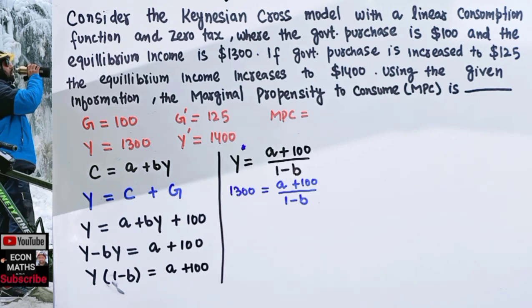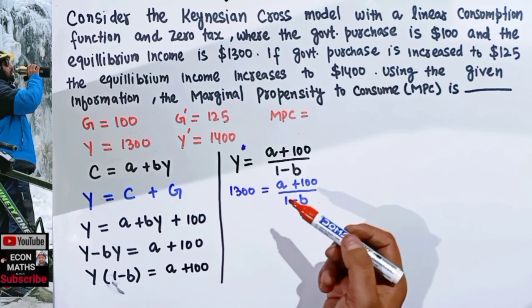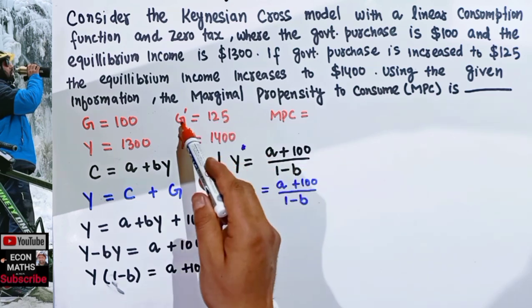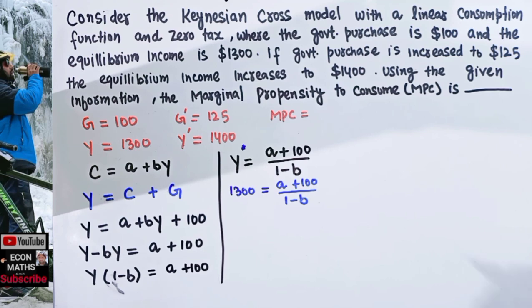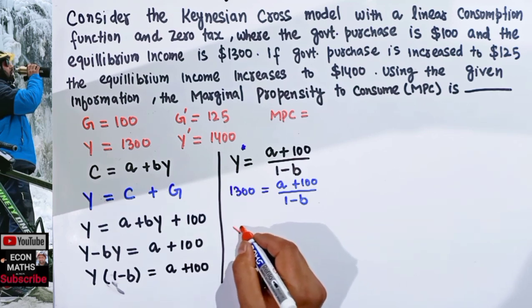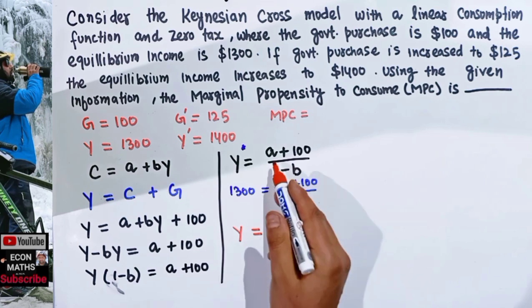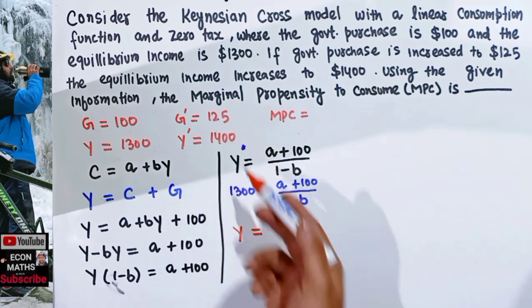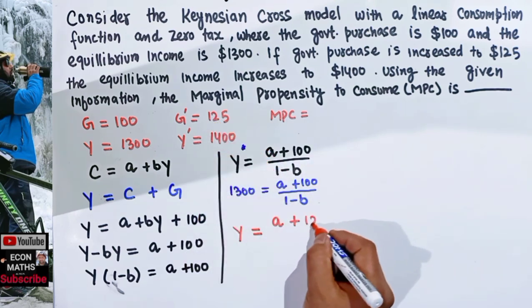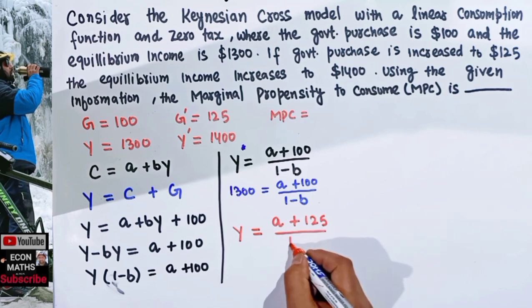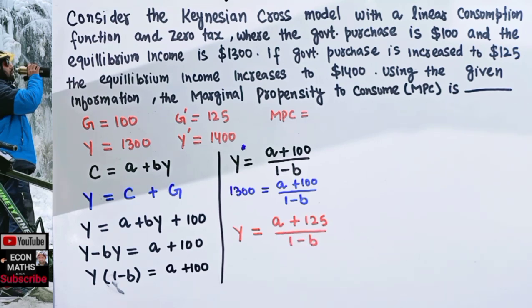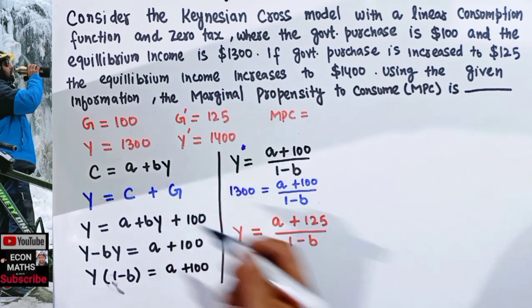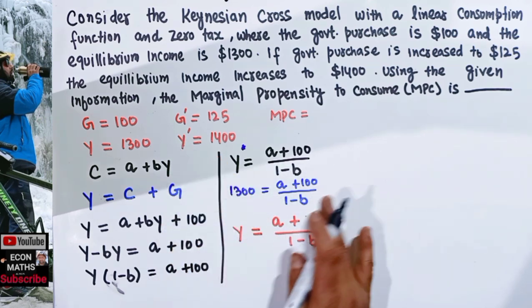After that, what happens, and let's write it here. We are being told that government expenditure has increased to $125, that means our new equilibrium will be equal to A, which will be constant, plus the new government expenditure 125 divided by 1 minus B. Okay, and let's write it here first to make sense.